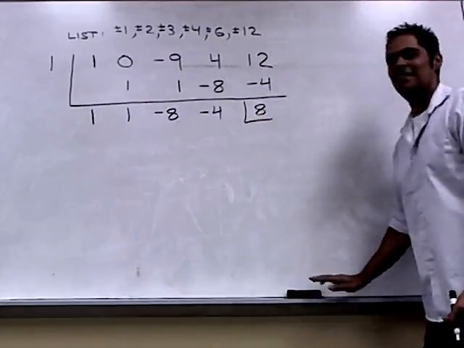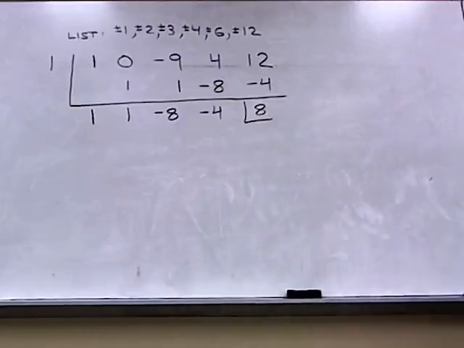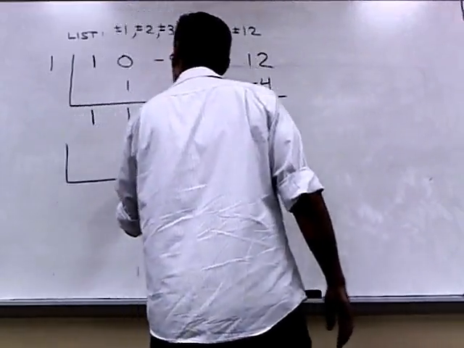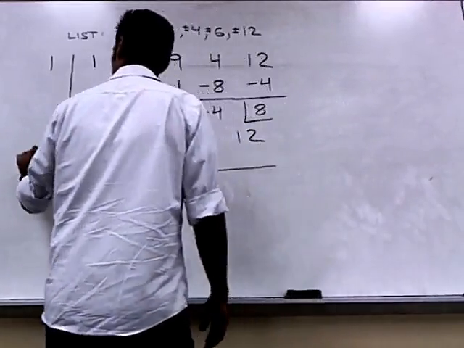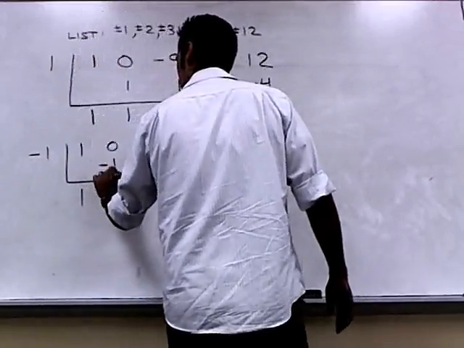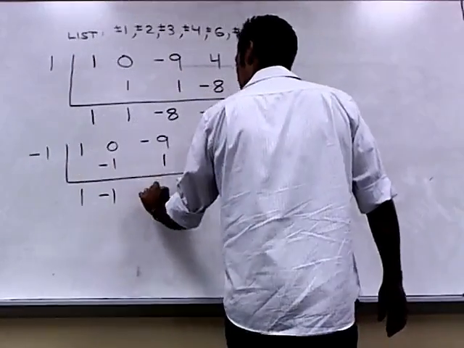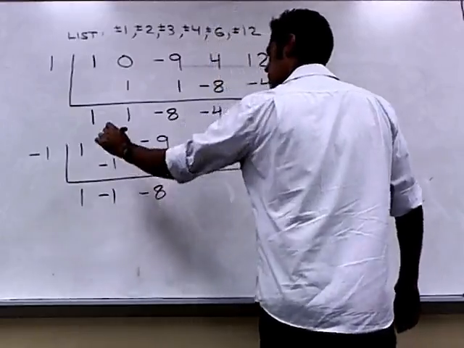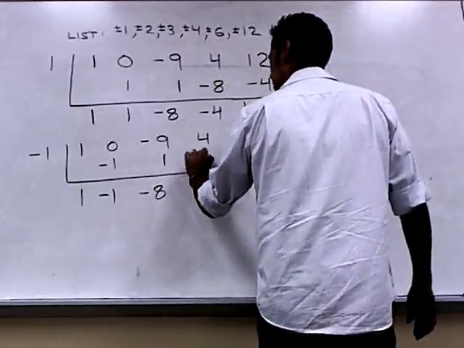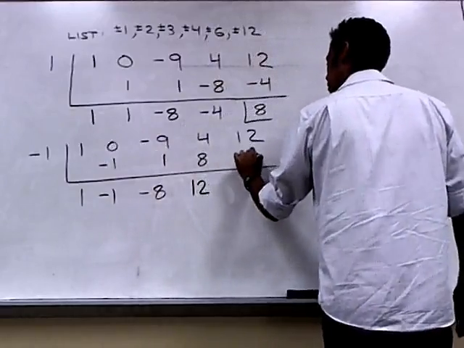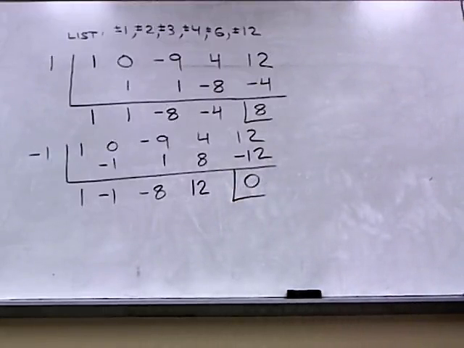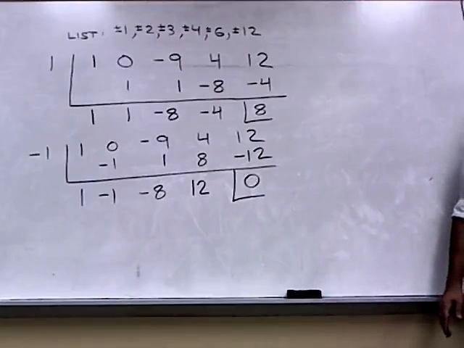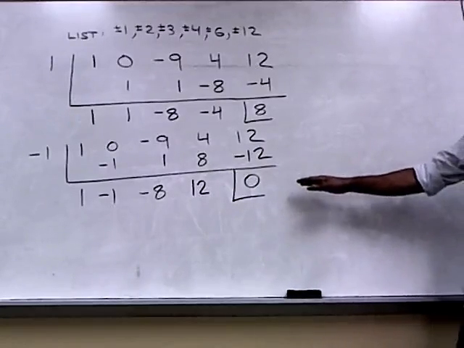I was being hopeful. -1, -1, -1, -8, 8, 12, -12, 0. All right? Yes or no?